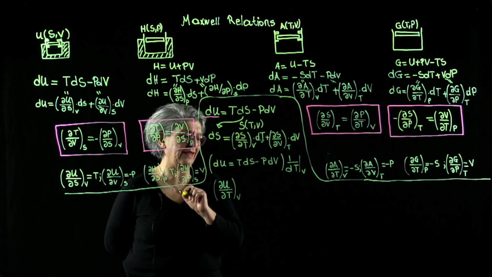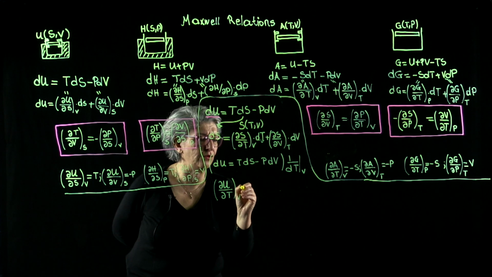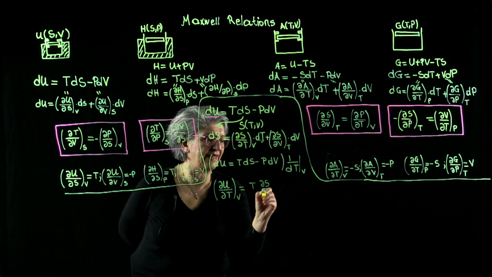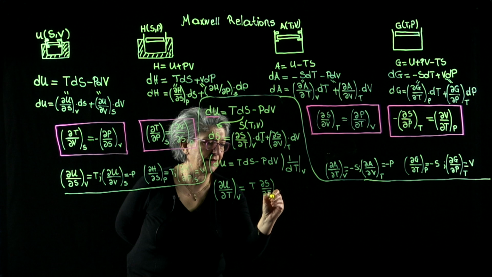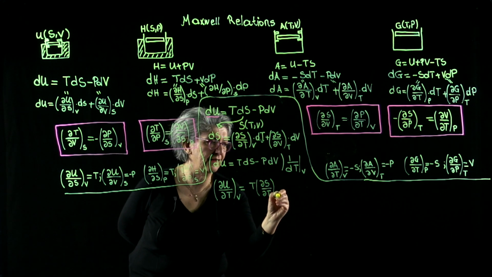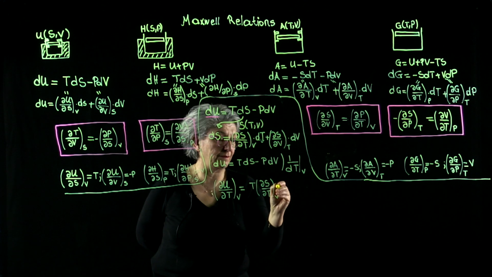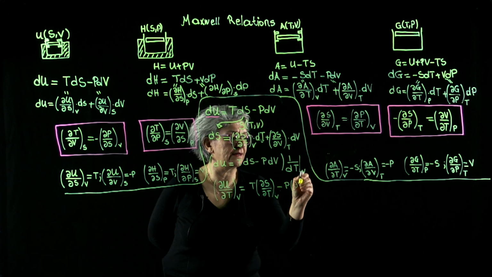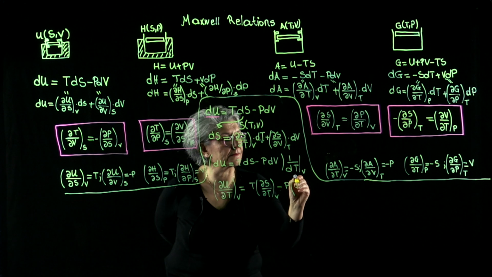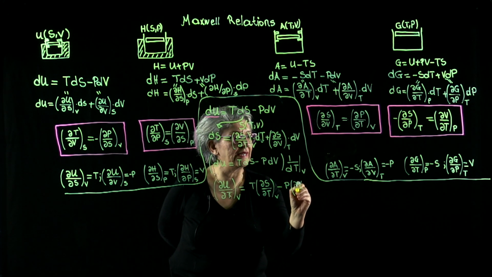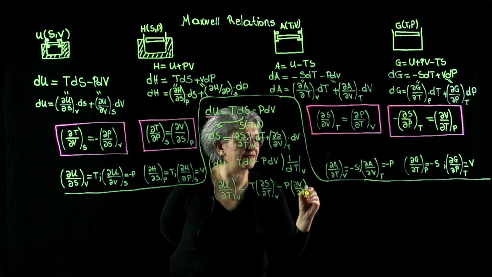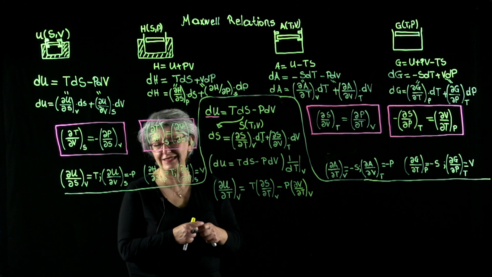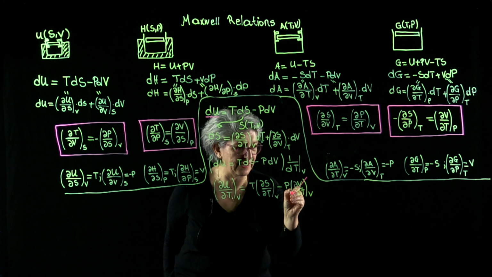That's why this is a partial derivative, is going to be equal to T del S over del T at constant V, plus minus P del V over del T at constant V. Of course, volume differentiated by keeping volume constant makes it 0, right?